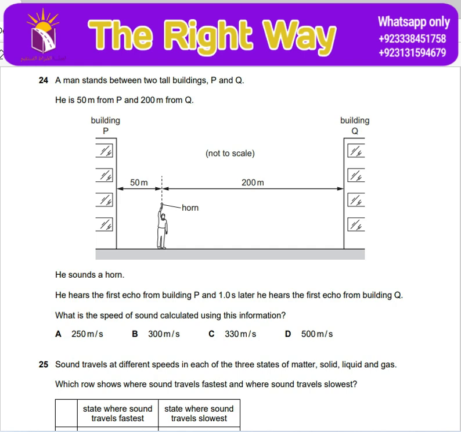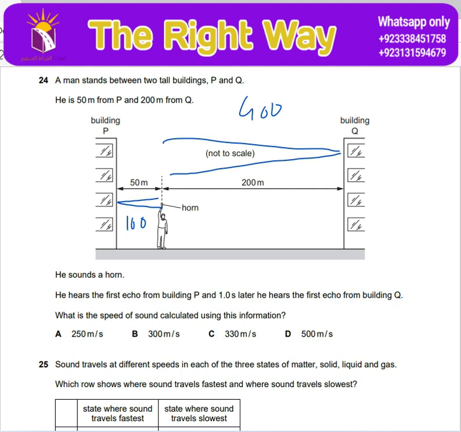Okay, when he sounds the horn, the sound travels 100 meter for the first echo. What is echo? Echo is the reflection of sound wave. Our sound travels 50 meter to building P and 50 meter back to the person. And here our sound travels 200 meter toward building Q and the same 200 meter back, so 400 meter.